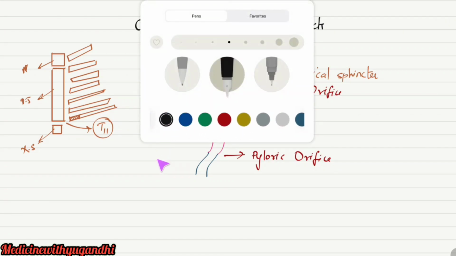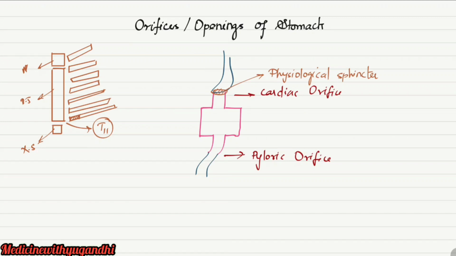For that, now I am going to draw a median plane. See, this is the median plane. So this pyloric orifice is actually situated 1.2 centimeter to the right of the median plane at the level of L1 vertebra.